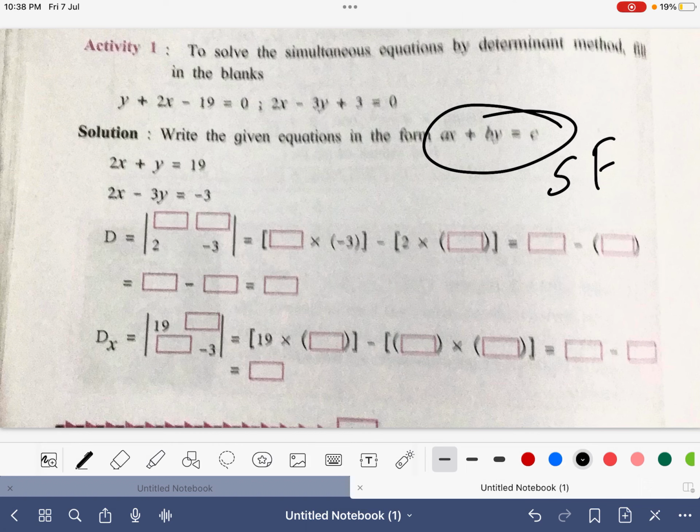So now let's convert these equations, and after the conversion we get the first equation 2x plus y is equal to 19, and the second equation 2x minus 3y is equal to minus 3. Okay, now first of all, what we have to do, just find out the values of a1, a2, b1, b2, c1, c2.